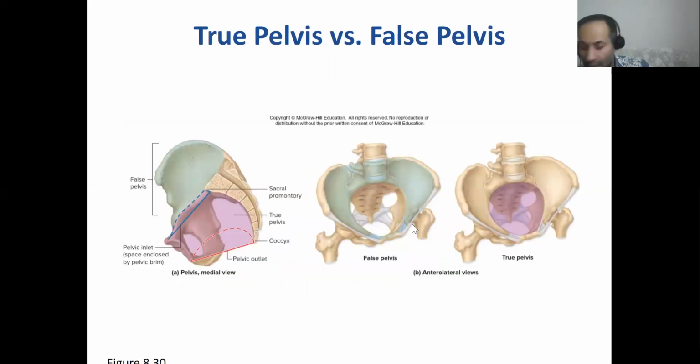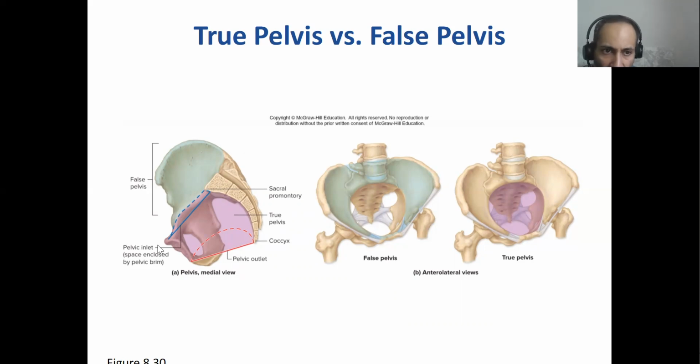Okay, so in this slide, we are looking at a distinction between what is called the true pelvis versus the false pelvis, okay? What's the difference? So the true pelvis is in this purplish color, and then the false pelvis is in this dark green region here, okay?